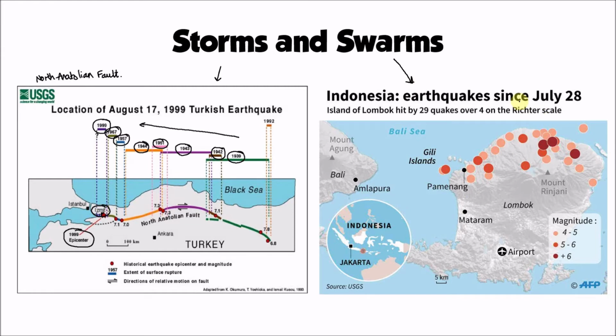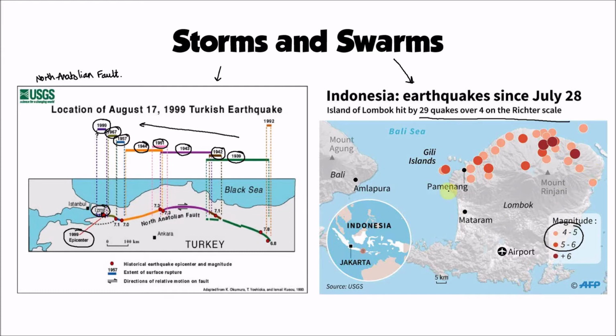This is on the Indonesian island of Lombok, and you can see here they were hit by 29 earthquakes over 4 on the Richter scale in a very short space of time. In the space of about a week or so, they were hit with 29 different earthquakes, all of a very similar magnitude. So most of these earthquakes are between 4 and 5 or 5 and 6 on the Richter scale.